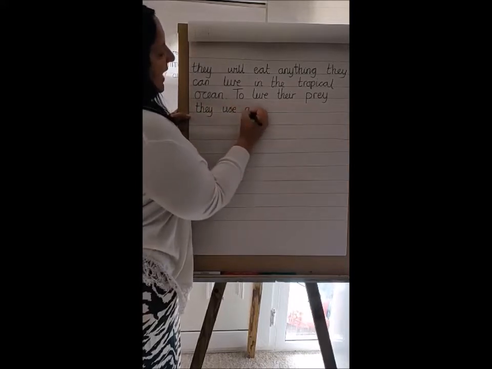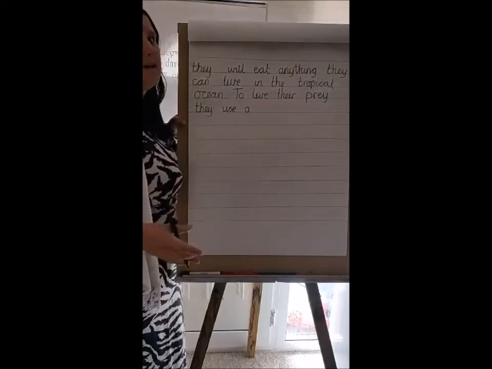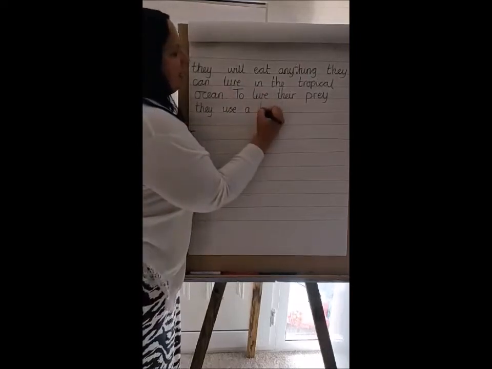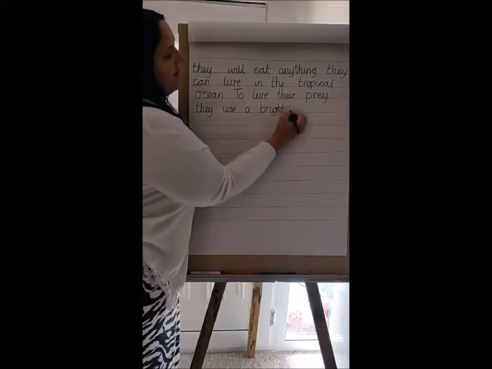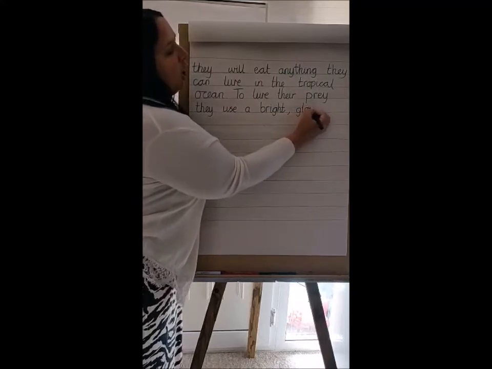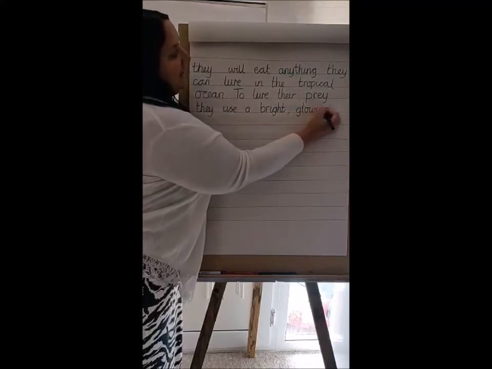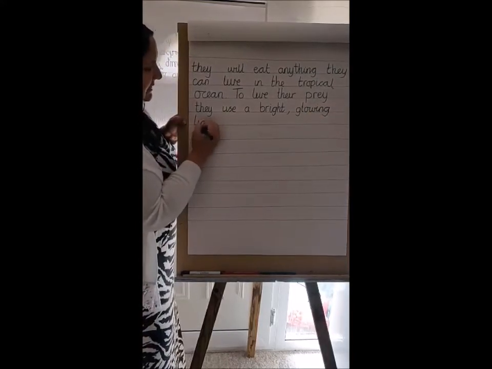Prey. To lure their prey, they use a, now my adjectives here, they don't use a light, they use a bright, trigraph i-g-h-t. They use a bright, comma, glowing. They use a bright, glowing light.